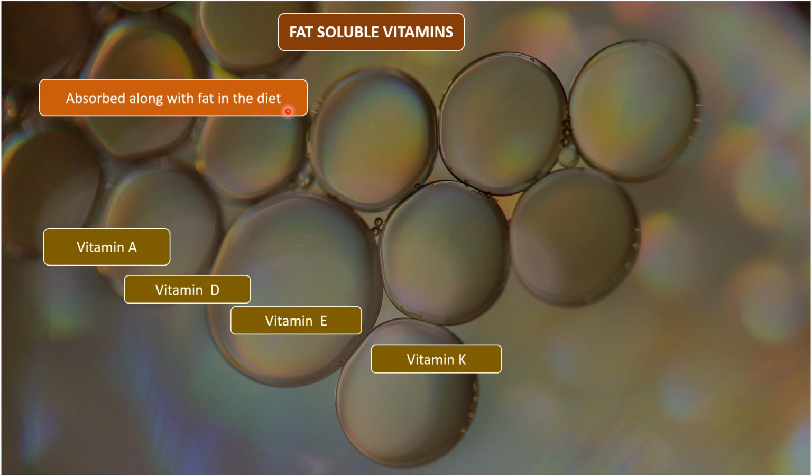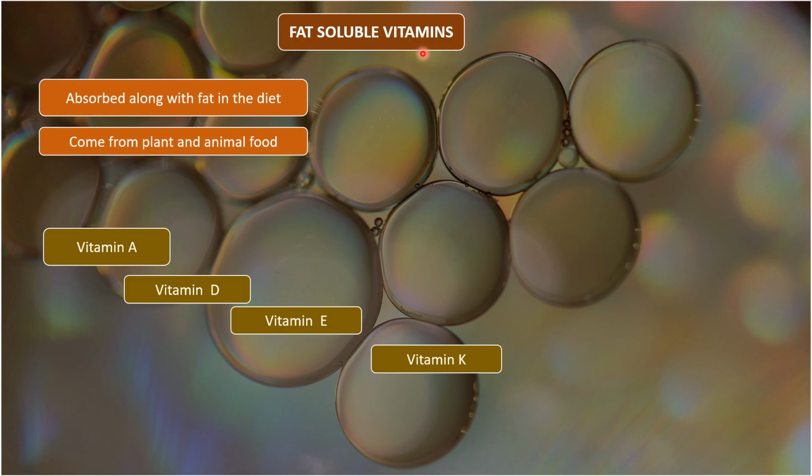So whatever fat we have in our diet, these get absorbed with that. Fat soluble vitamins come from both plant and animal food, and we also need to know that vitamins are micronutrients that we require in some quantity, right?